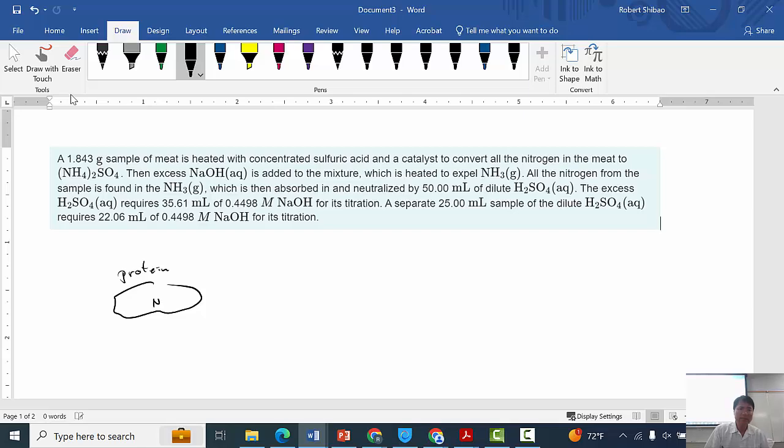So the protein contains nitrogen, about 16% nitrogen. Then the H2SO4 converts that into ammonium sulfate. And then the sodium hydroxide converts that into ammonia, aqueous.